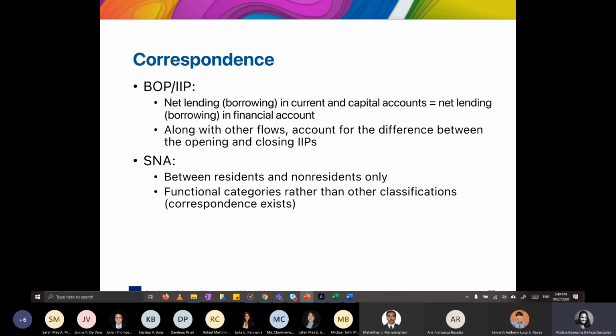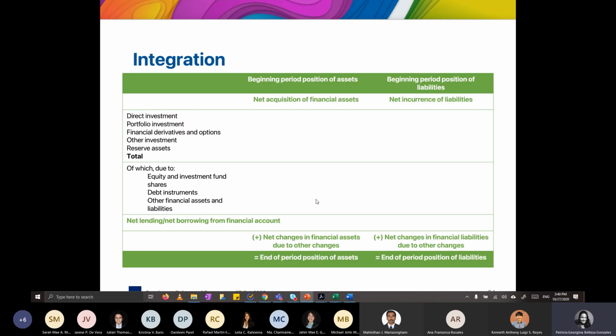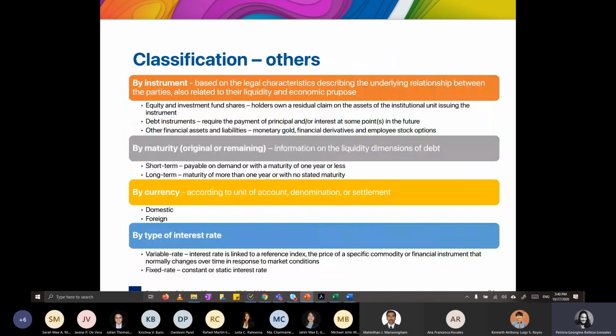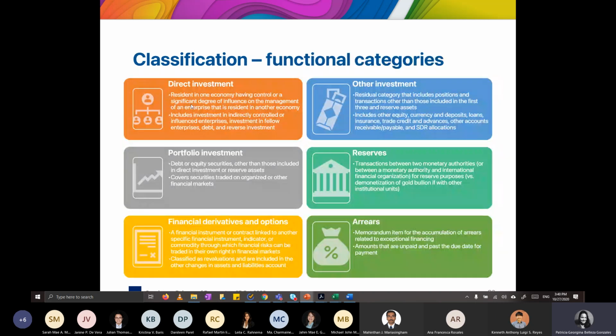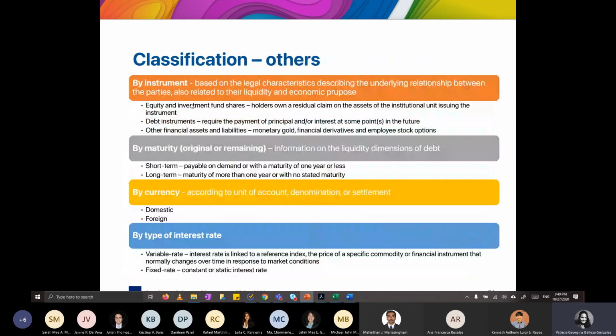The functional categories we discussed earlier are typically not used within the SNA. From what I saw, it's mostly classified by instrument.